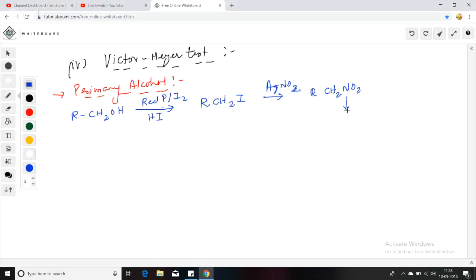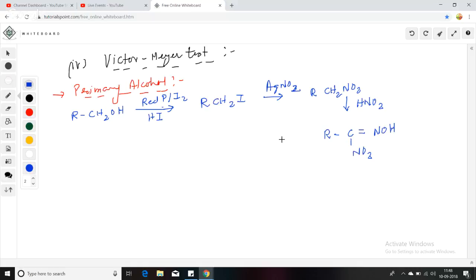Okay, now when this reacts with HNO2, nitrous acid, it forms nitrolic acid. Nitrolic acid is this R C double bond NOH, an oxime type product, H2O comes out, and NaOH attached to this.